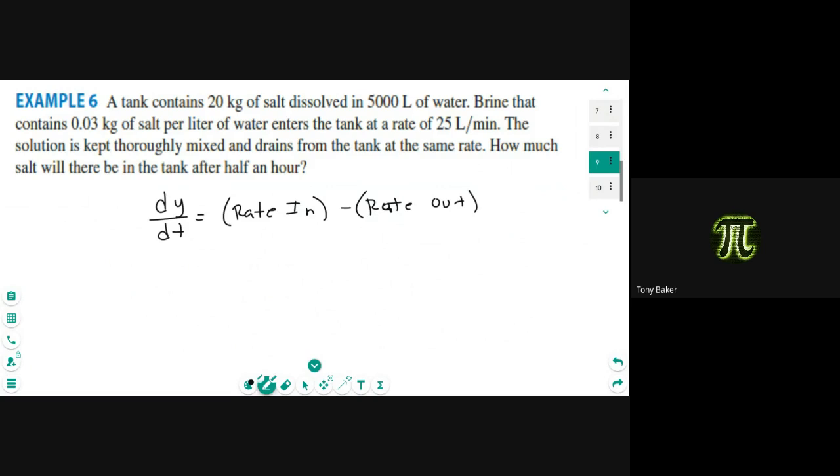All right, so let's look at the rate in and let's look at the rate out. Let's figure out what those pieces are. So my rate in, I have how much salt coming into the tank? I have 0.03 kilograms per liter.